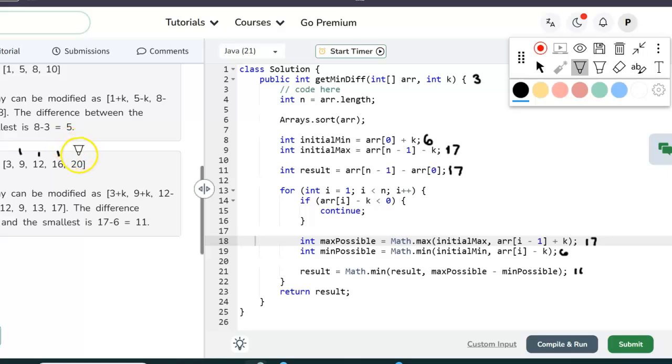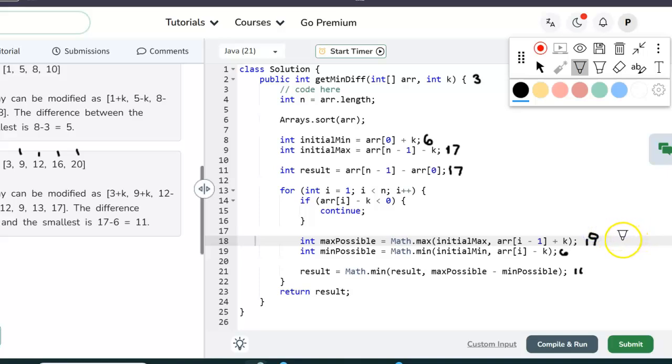No. And finally, we are at the last number, 20. We'll go through here and say, what is 16 plus k? It's 19. Is that bigger than the initial max, which is 17? And in fact, it is. So we now have a new possible max.